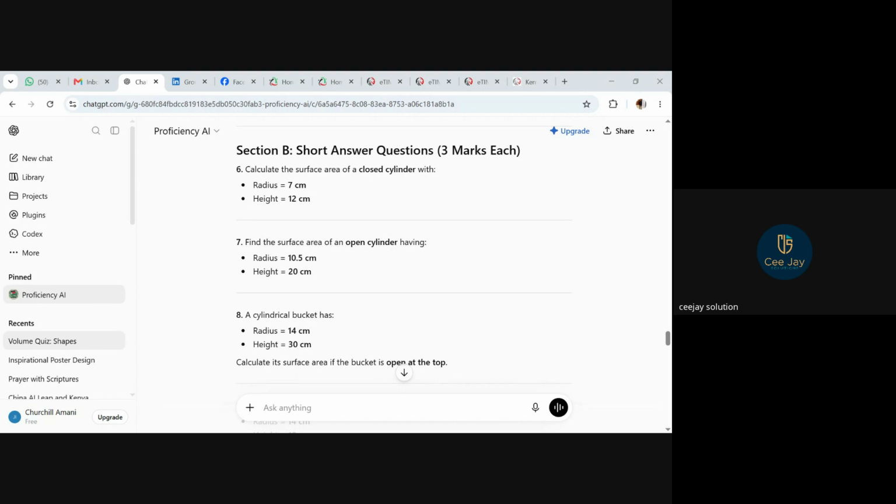So 22/7. Okay, divide hapo, 44 times 12 ni 528. Nimekosea, mimi nimepata 572. 528 plus 308 inafaa ikuwe ni 836 centimeter square.